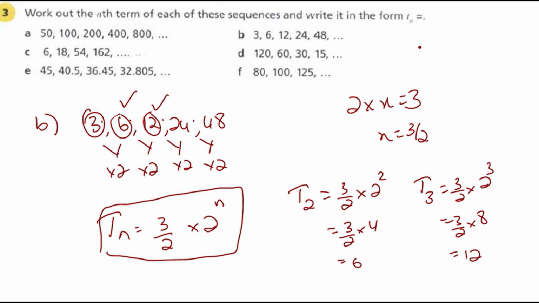That term checks out, and for good measure, let's find the fourth term. 3 over 2 times 2 to the 4. 3 over 2 times 16. 48 over 2 is 24. The fourth term checks out, and therefore the fifth term will also check out. I want you to do the rest of the exercise in a very similar fashion. In fact, I'll do one more with you.